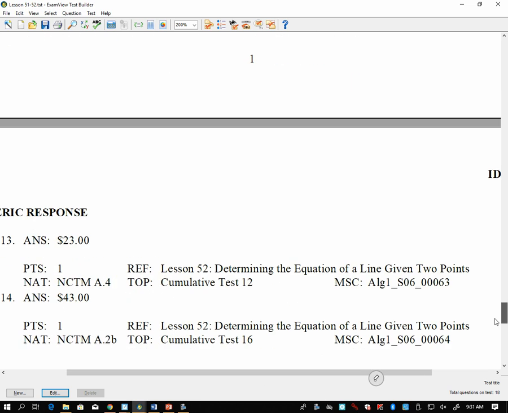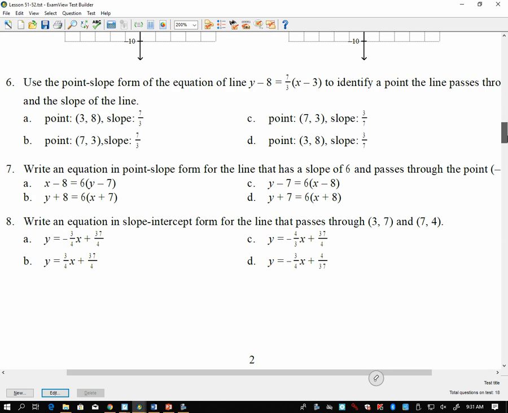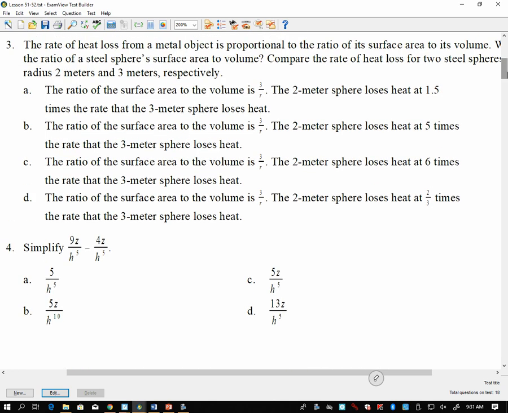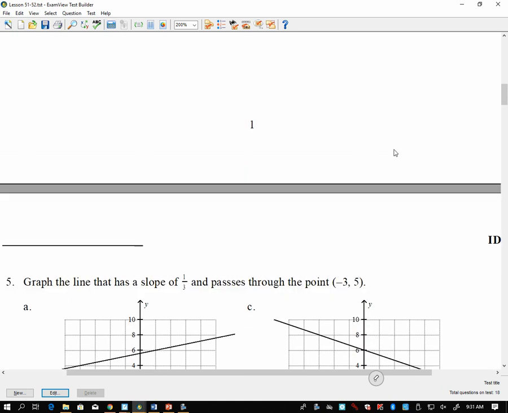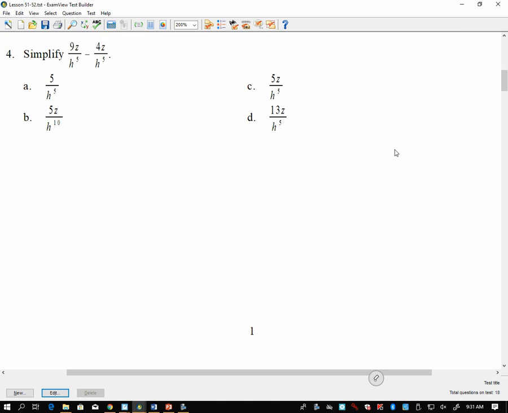Okay, let's look at 4, because I'm afraid number 3 will take up too much time and won't profit us that much. This one just wants us to simplify.